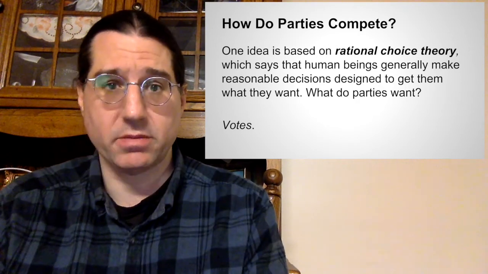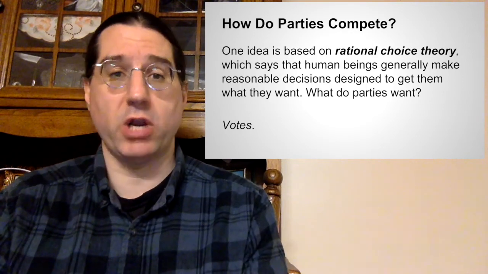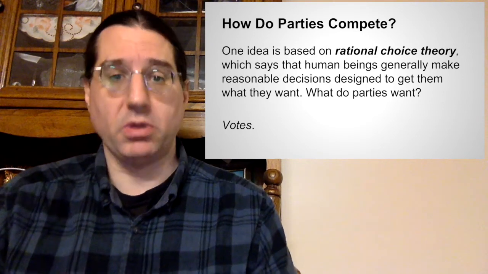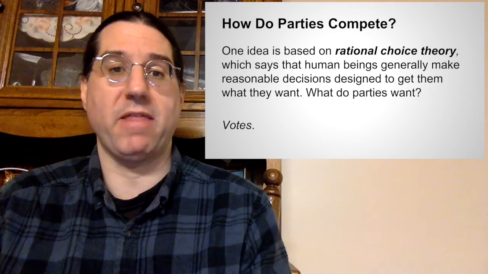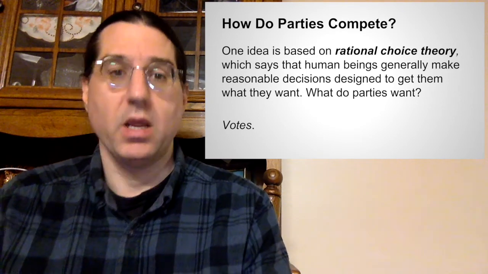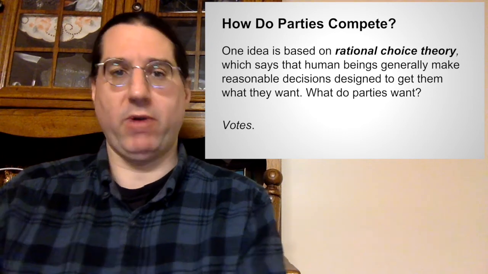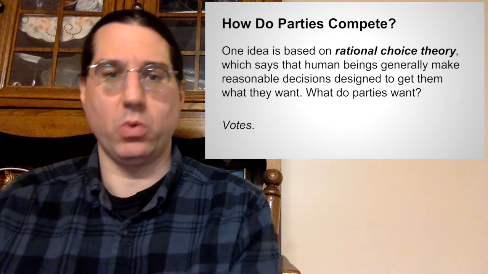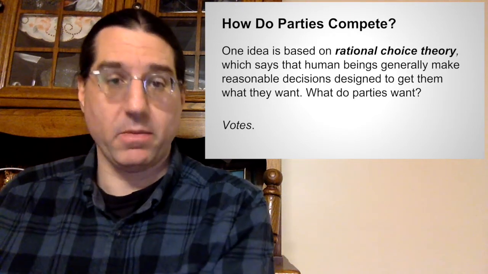Rational choice theory says that human beings generally will make reasonable, somewhat logical decisions that are designed to get them whatever it is that they want. And so you look at the situation, you figure out the course of action that will get you what you want, and then you do that thing.